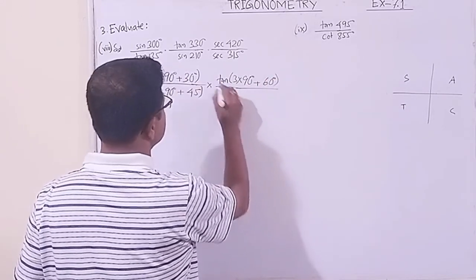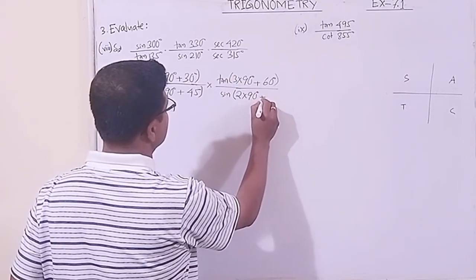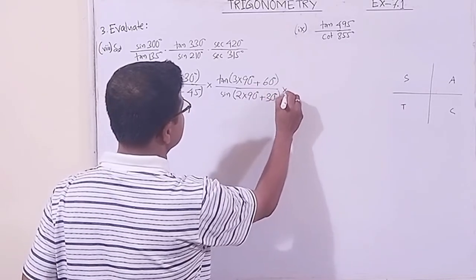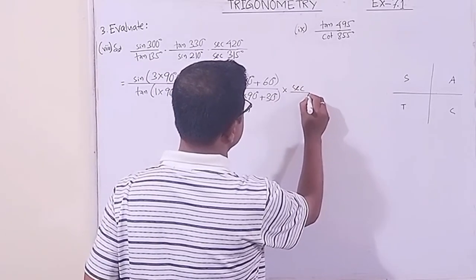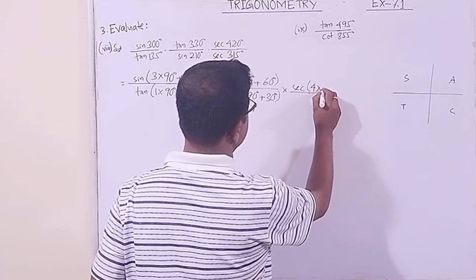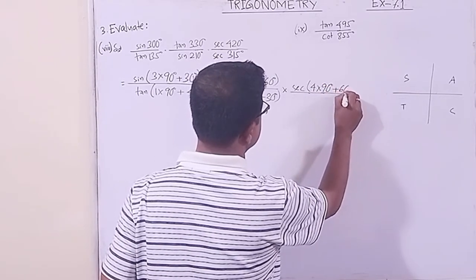Sine of 210. So 2 into 90, 180, 180 plus 30, right, is 210 degree, into sec 420: 4 into 90, 360 plus 60 degree.